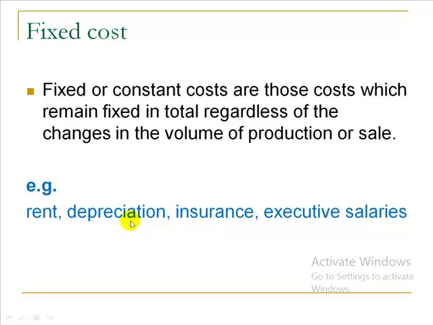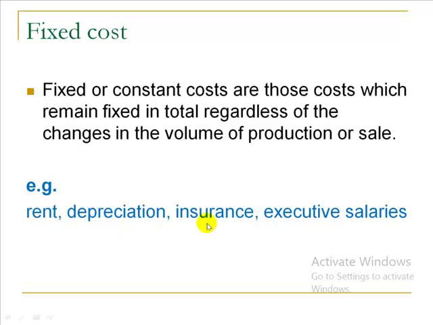For example, if we have a computer in our factory, whether we use it or not, its value will diminish with the passage of time. That decrease in value is called depreciation, right? So depreciation is a fixed cost.